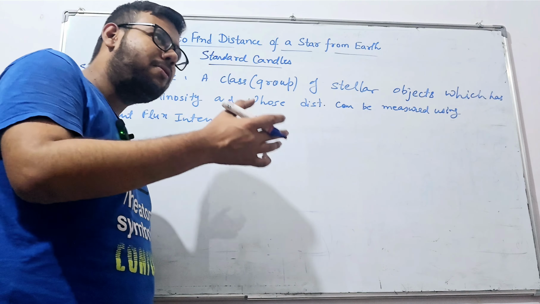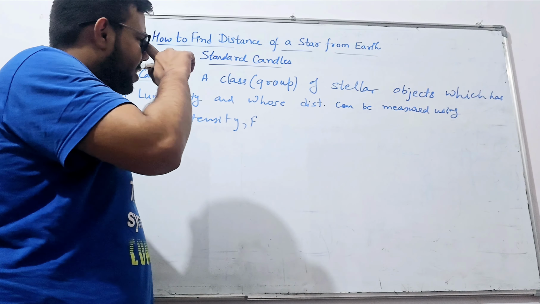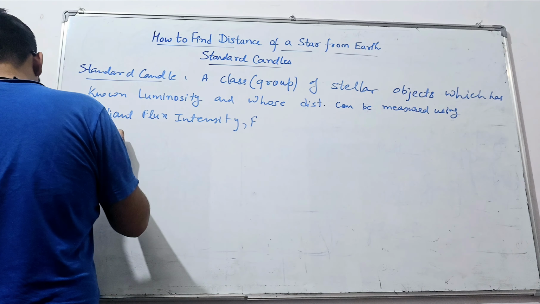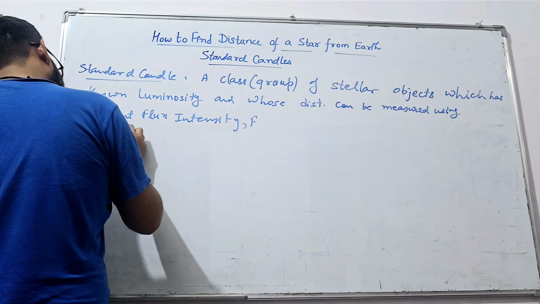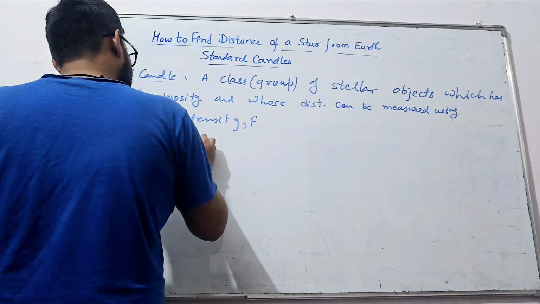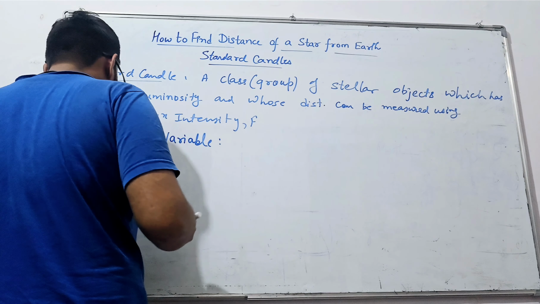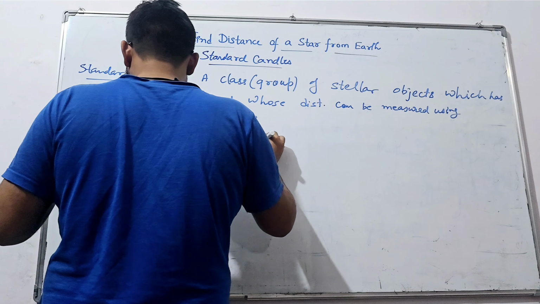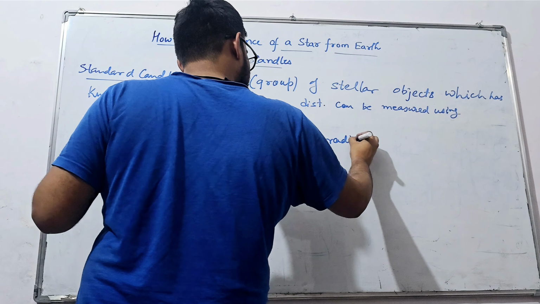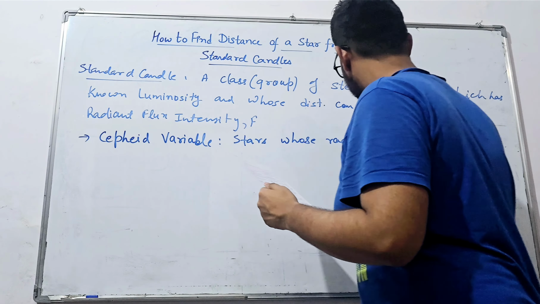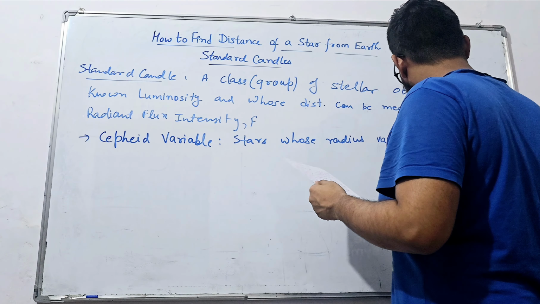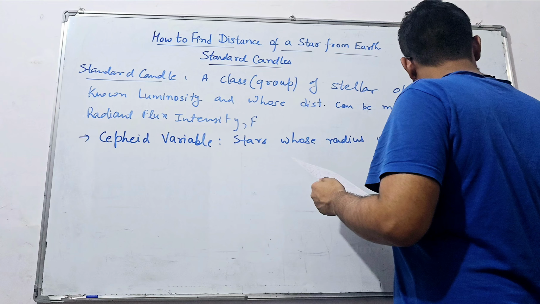And there is a specific example of a standard candle, which is called a Cepheid variable. So what is it? It is a star or stars whose radius varies periodically.